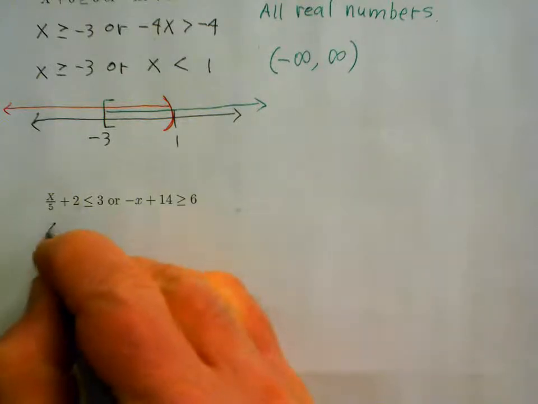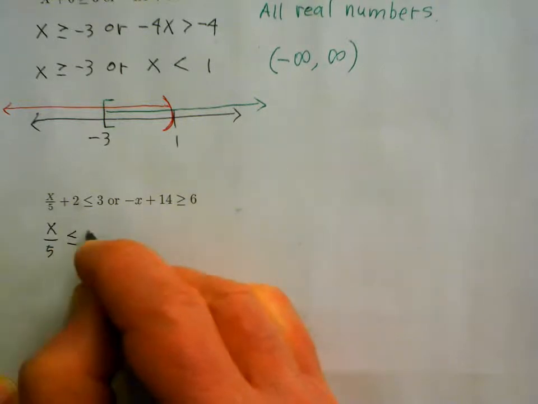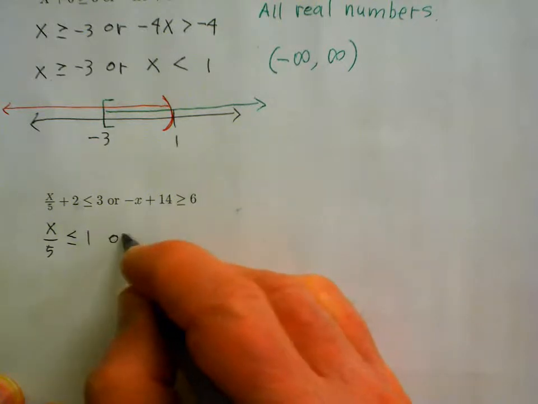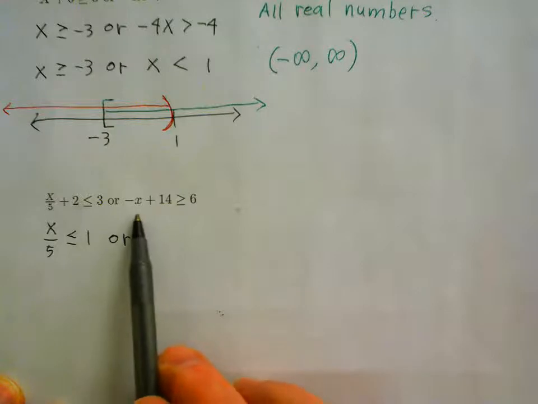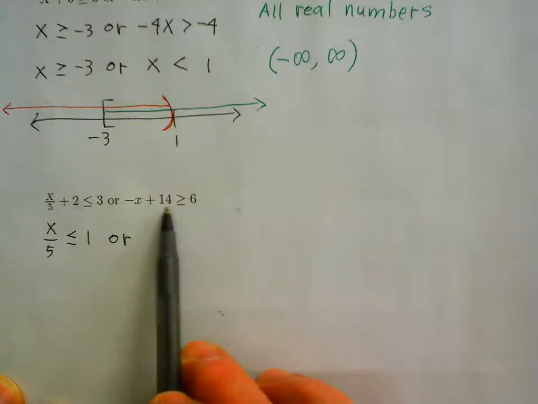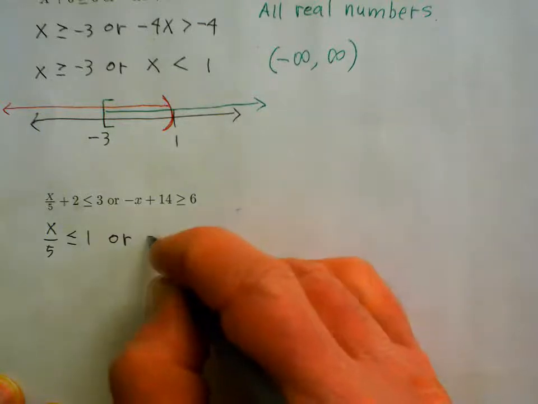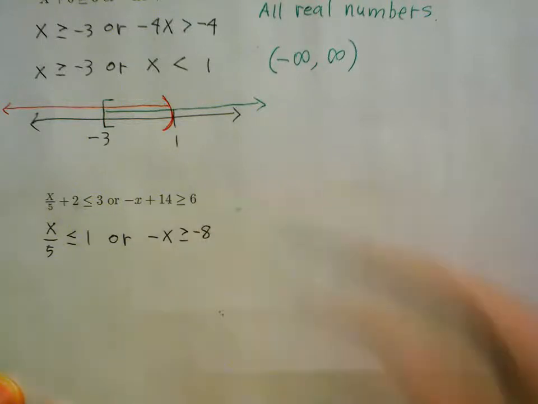So we get x over 5 is less than or equal to 1. And let's start working on the other side. We start with negative x plus 14 is greater than or equal to 6. So subtract 14 from both sides. We get negative x is greater than or equal to negative 8.